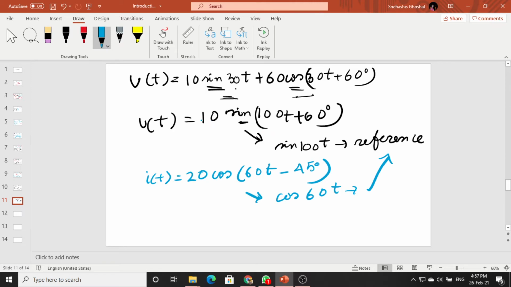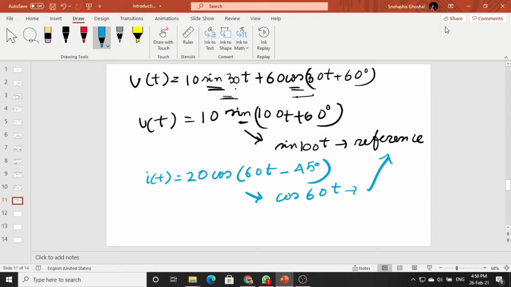In case cosine is given, you have to take the cosine format as a reference and do the analysis. And in case a mixture is given, you can consider any of them and convert the other to the previous one and do your analysis. Okay. So that's about the basics regarding the AC fundamentals.